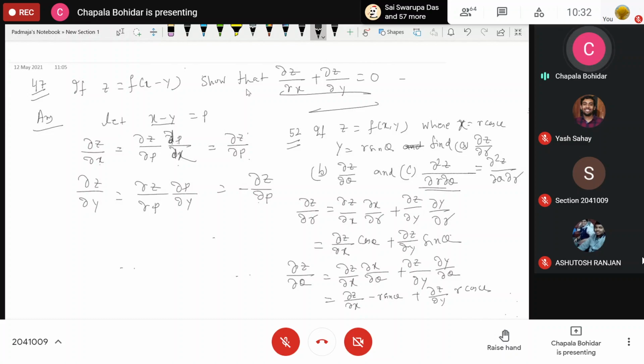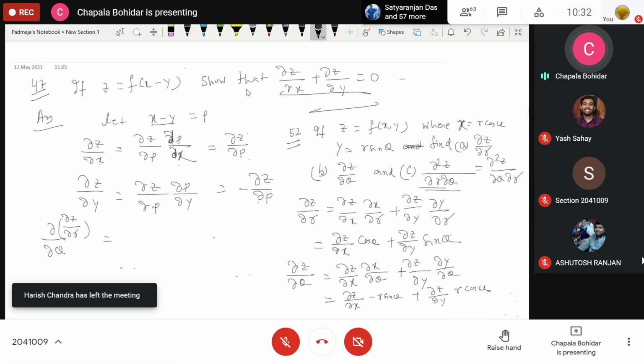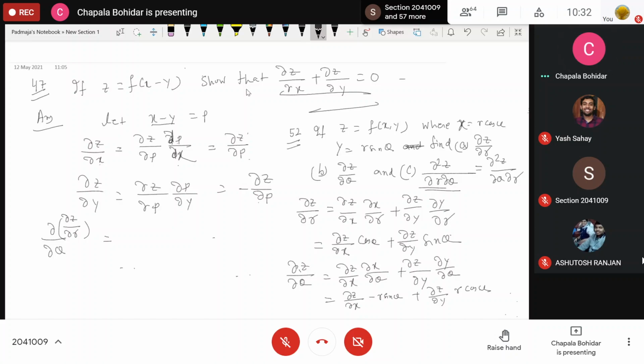So del by del theta of del z by del r is equal to del by del theta of the expression, where in place of z it is del z by del r. So we have to differentiate.